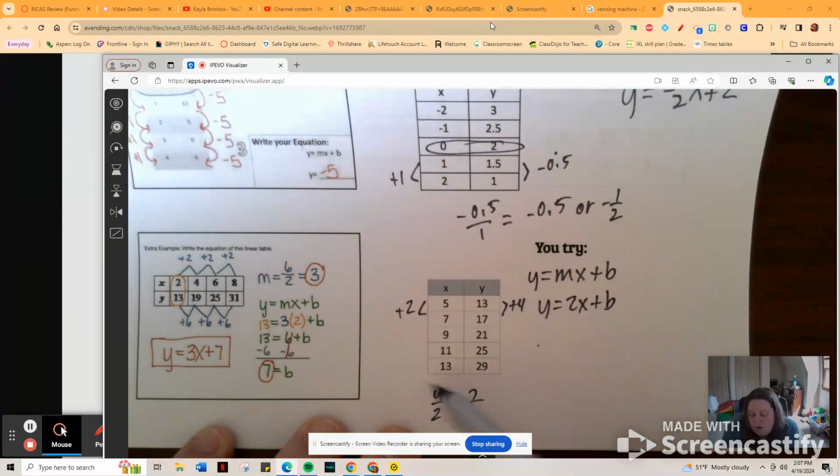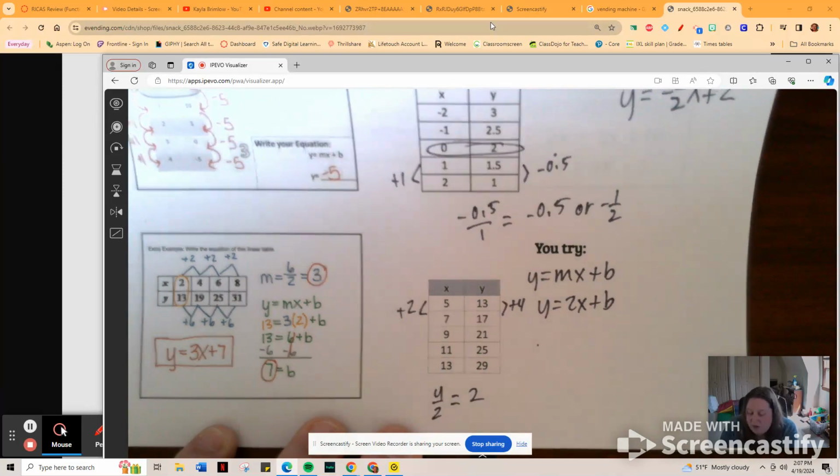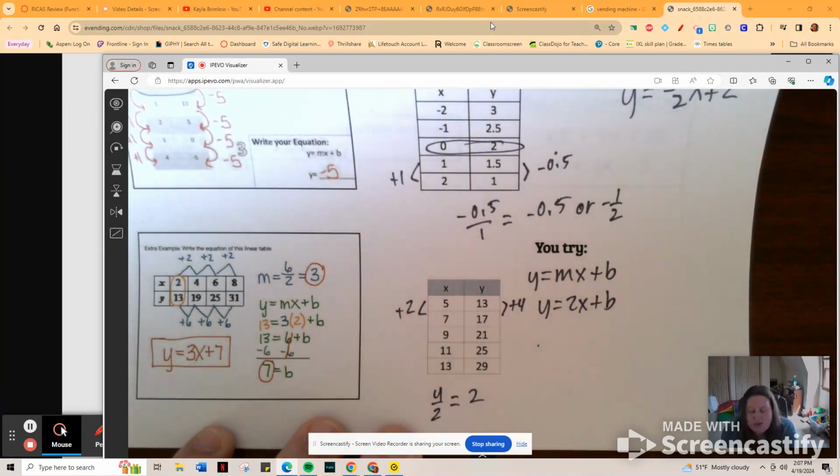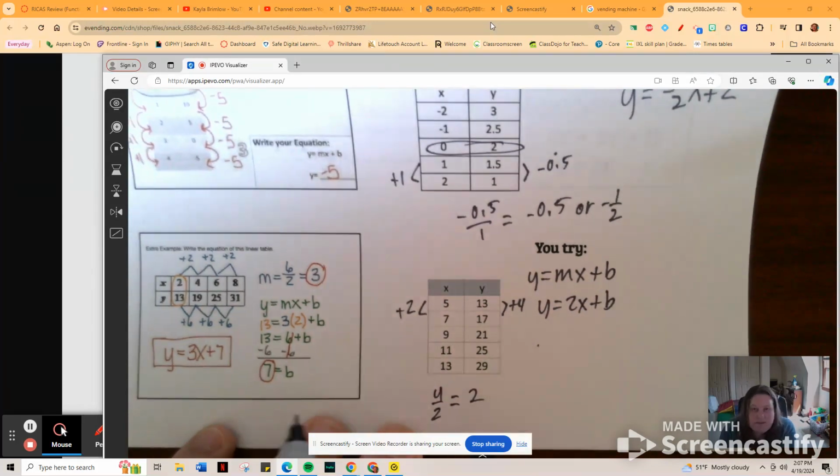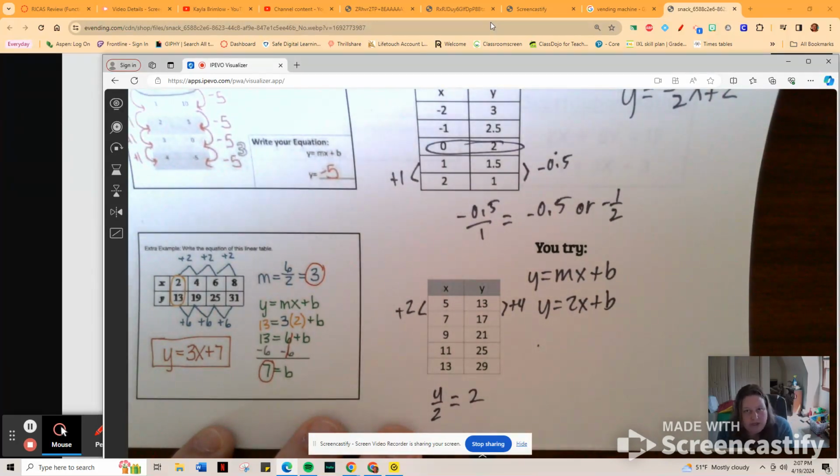Now, all of these ordered pairs work specifically for this function. That means if I was to graph this line or graph these points, they would all be on the same line. So what I can do is substitute any of the ordered pairs from this table into my equation and use it to help me solve for b. Doesn't matter which point you use, they're all on the same line.